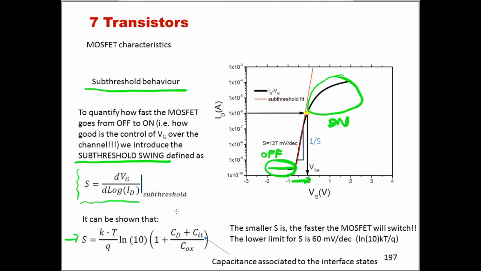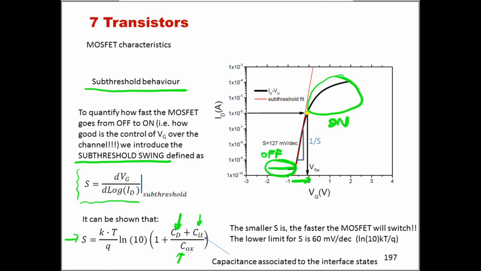CD is the depletion capacitance, Cox is the gate capacitance, and CIT is the capacitance associated with interface traps, in case we have any interface traps at the silicon-oxide interface.